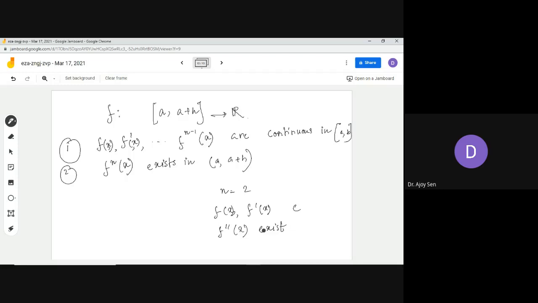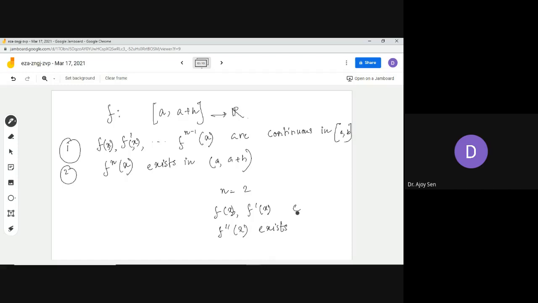So you need continuity of these two things, and this thing exists. That means you don't need exactly the continuity of f double dash. Okay, you actually don't need the continuity of f double dash. You just need this f double dash to exist.